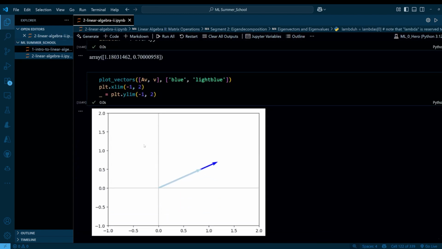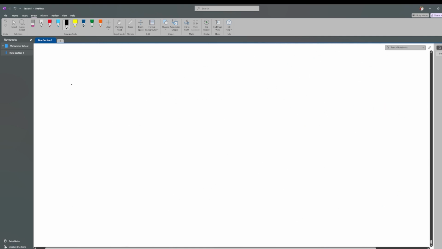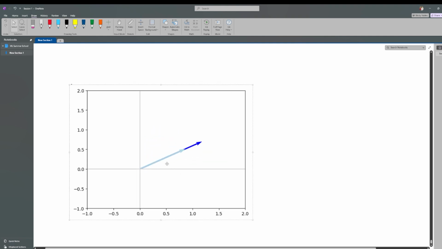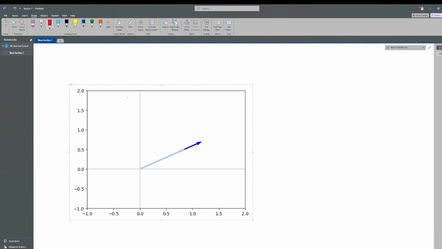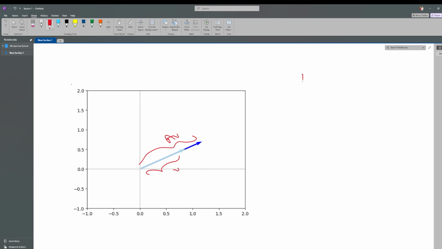This is our V. Let me just give you, and I believe after this it should be just an easy concept for you. Okay, right? You see, this portion is basically our V, and this portion is our AV. That's it.